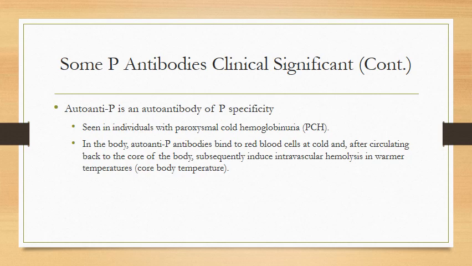In this disease, auto anti-P antibodies bind to the patient's own red blood cells at a cold temperature, and then after circulating back to the core body, which is warm, they subsequently induce intravascular hemolysis.